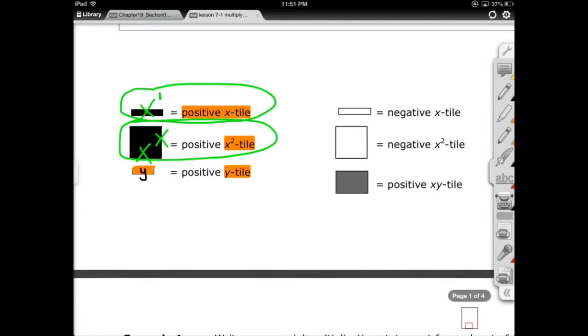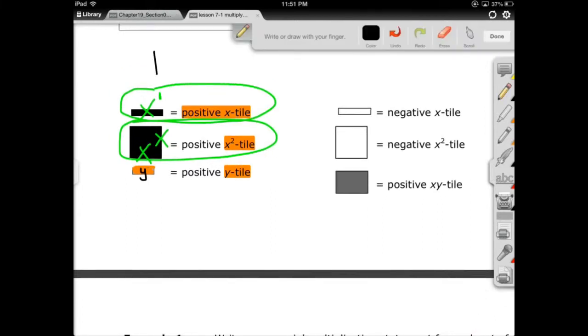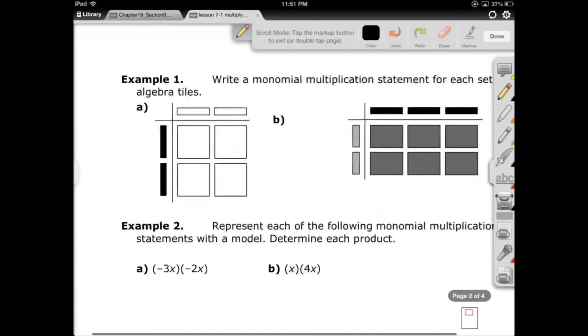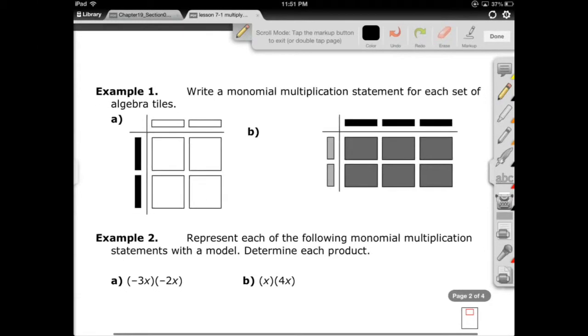So these are positive, and an absence of color we'll consider largely to be negative. And I'll explain this one when we get to it. Okay? So we'll get going with this.